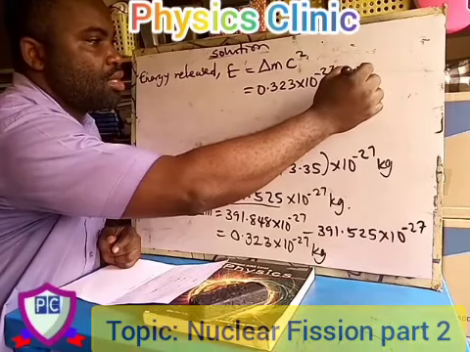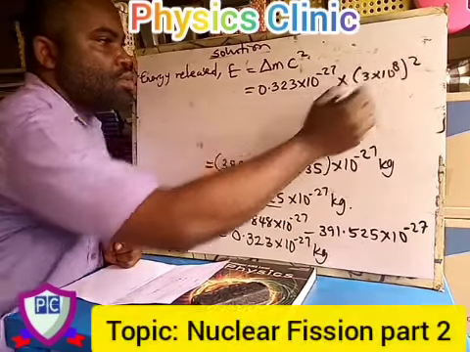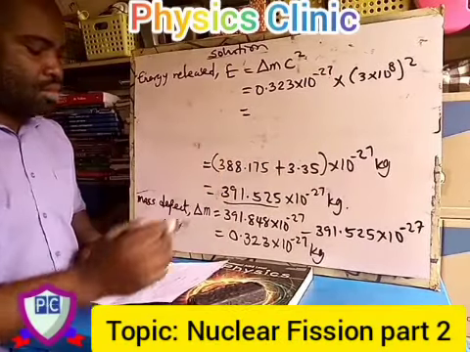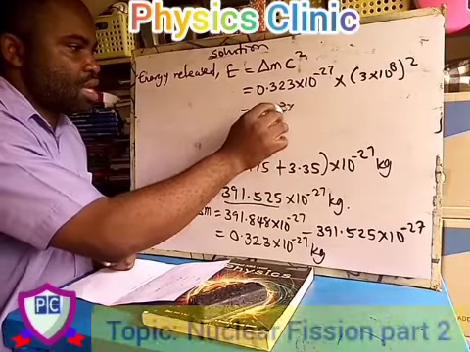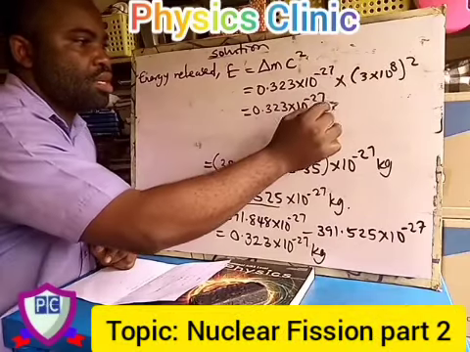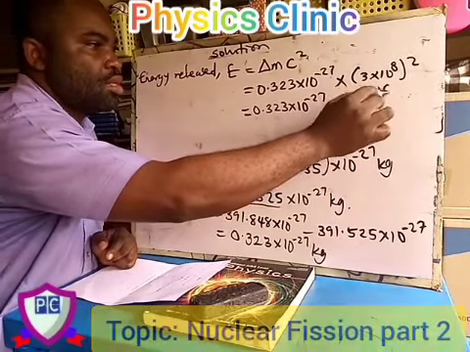And the speed of light is 3 times 10 raised to the power 8, squared. This will give us 0.323 times 10 raised to the power minus 27 times, if we square 3, you are going to have 9 times 10 raised to the power 16.